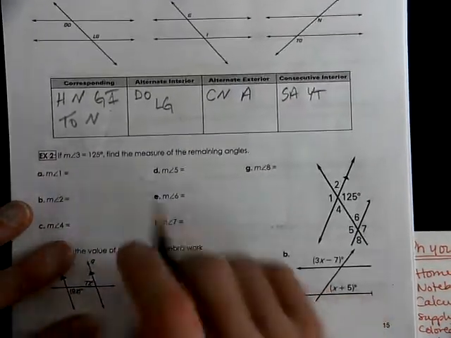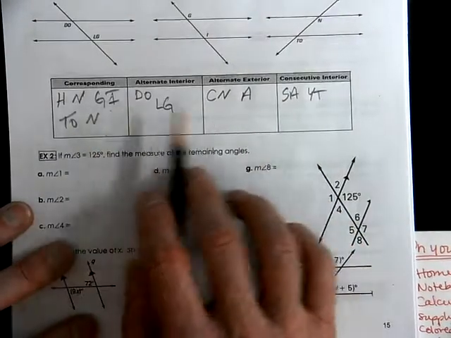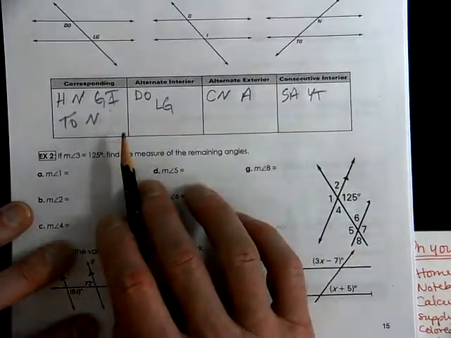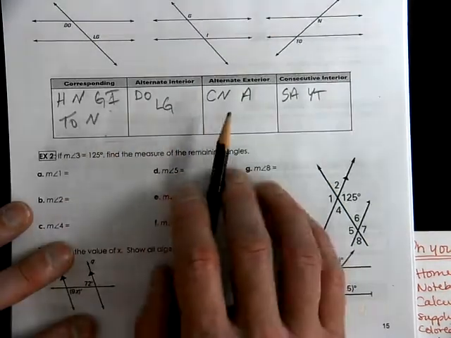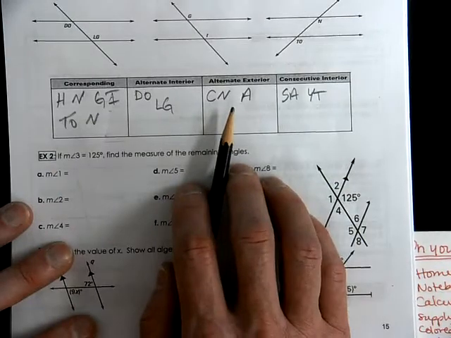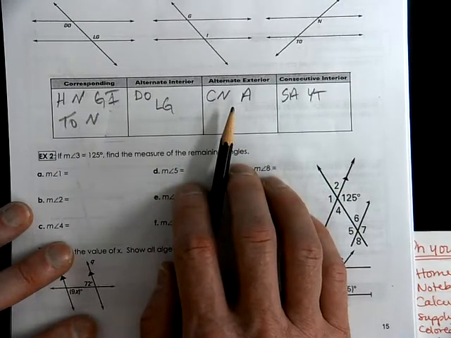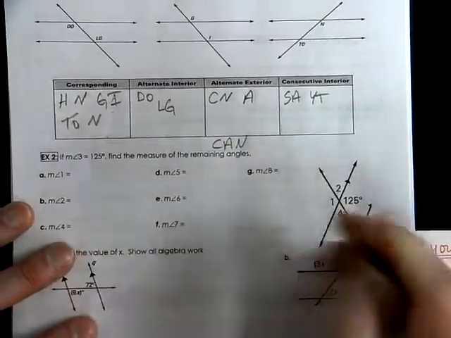So we could come to these four boxes and unscramble the letters to make words. Let's go with the box that has the least amount of letters in it. That would be this one. What word could we possibly make out of the letters C, N, and A? I'm pretty confident that's going to be can.